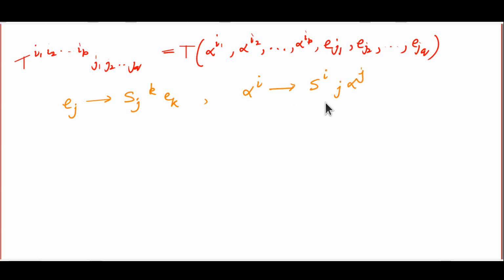So different kinds of coefficients. Let me remind you once again. The vector bases transform like the covector components, and the covector bases transform like the vector components.